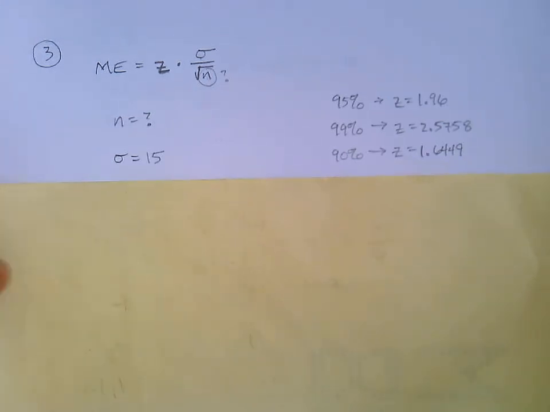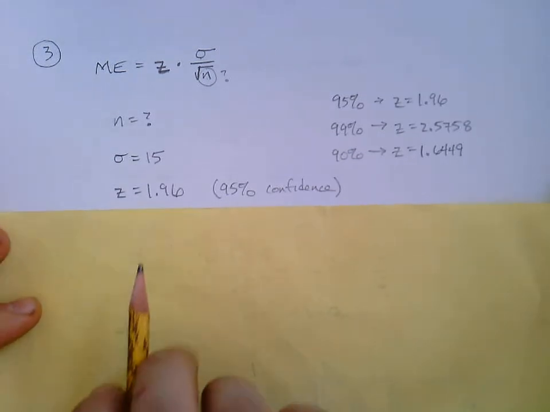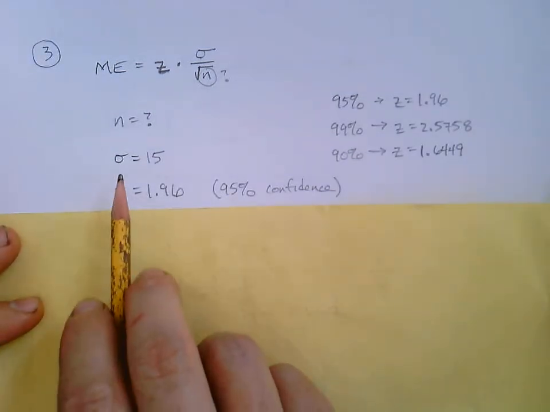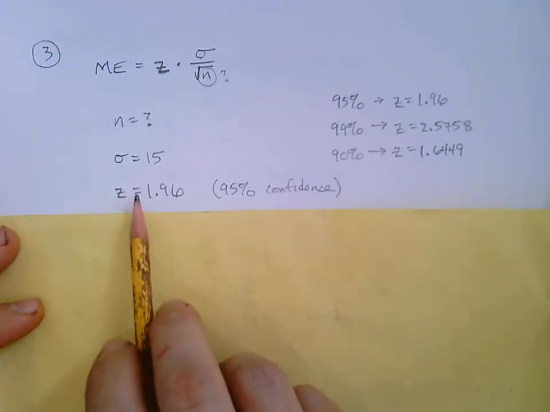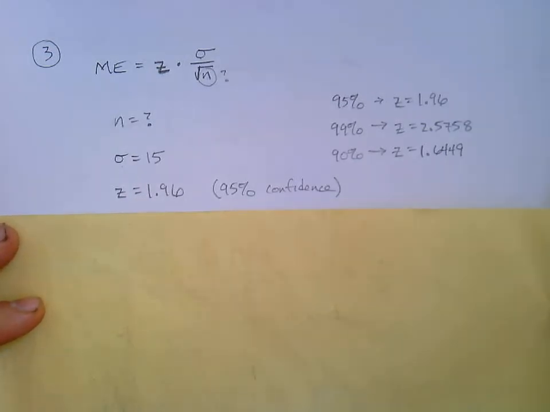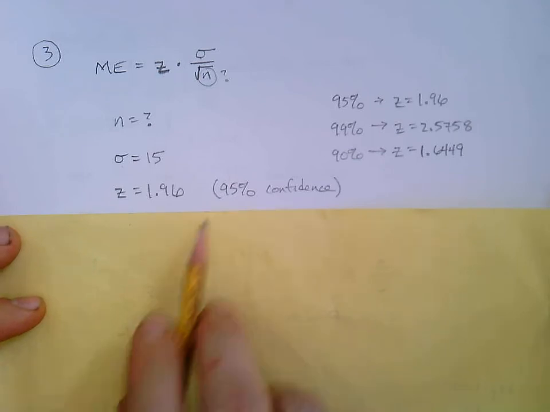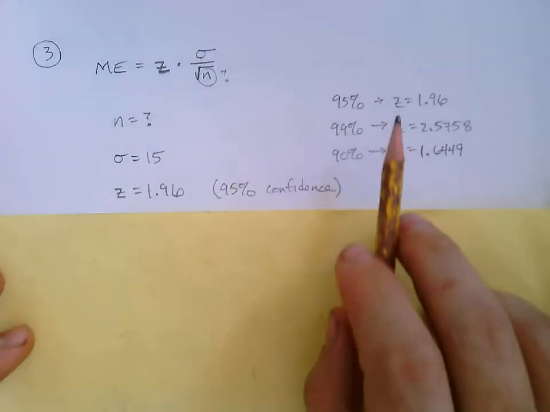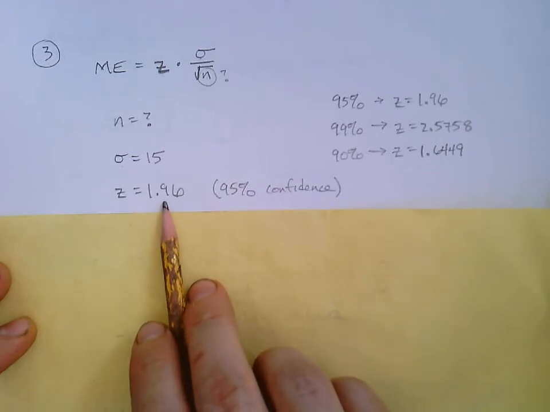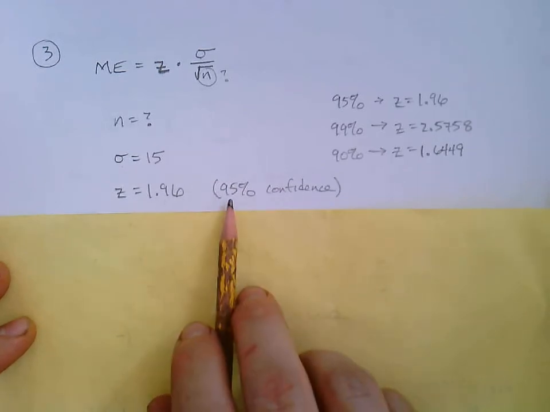Car is driving by. All right. So we know sigma is 15. Because we're using a 95% confidence, we could go and use our normal calculator in reverse to find the z-score. It's going to be 1.96.